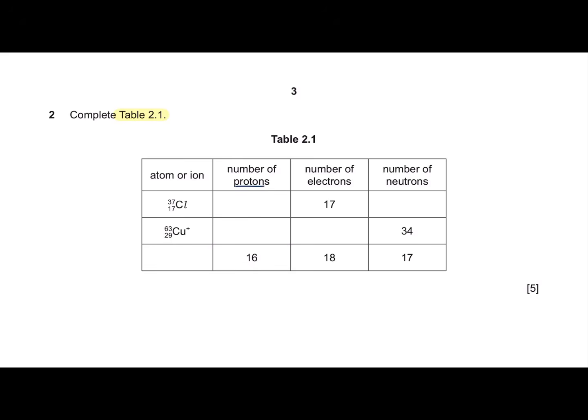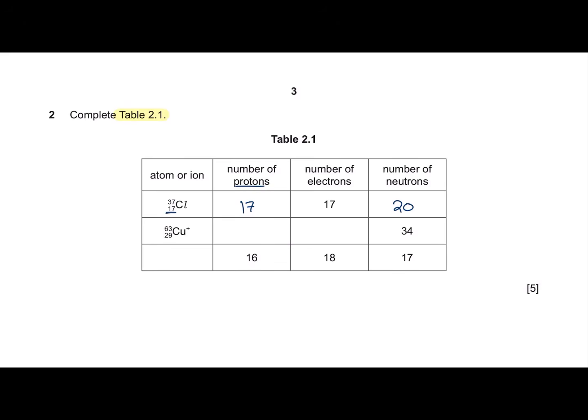The number of protons will be the lower number 17, and as it is an atom, the number of electrons would be equivalent to number of protons, so hence the number of electrons will be also 17. And for the number of neutrons, we'll be subtracting the smaller number from the nucleon number, the bigger number. So 37 minus 17 would be 20.